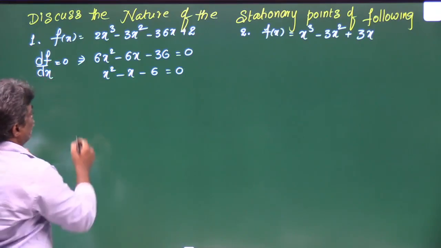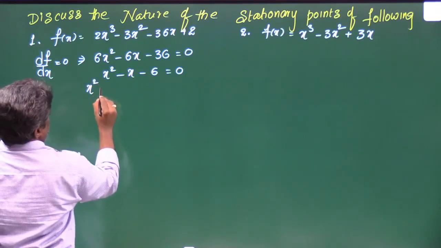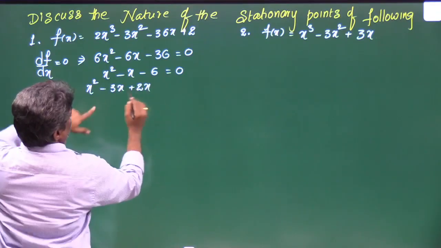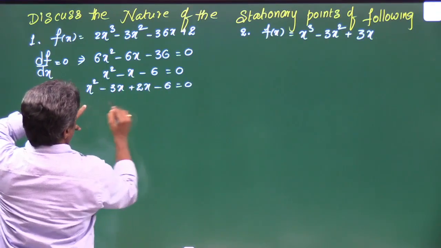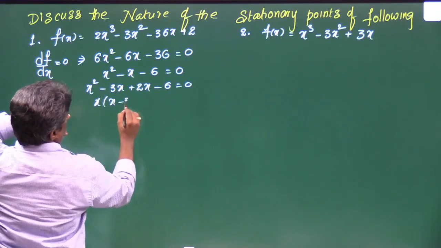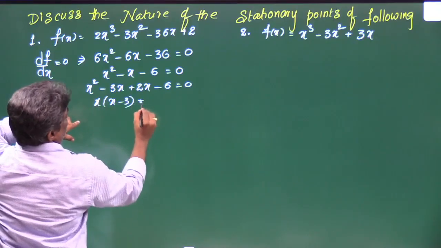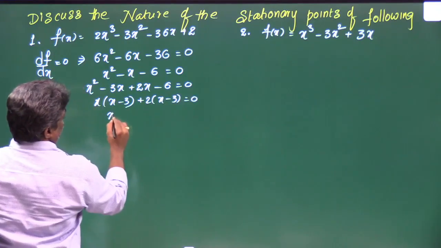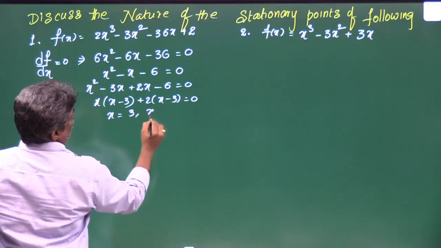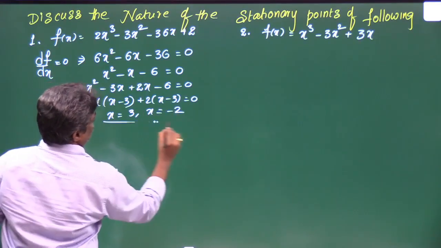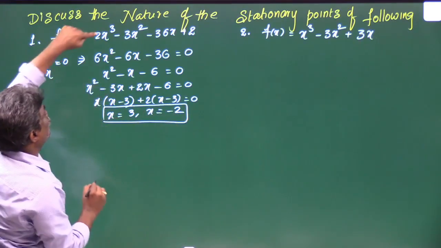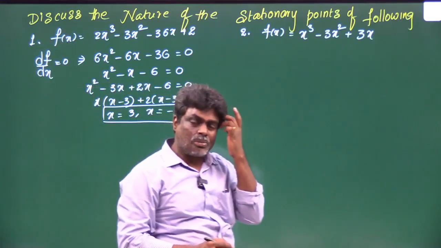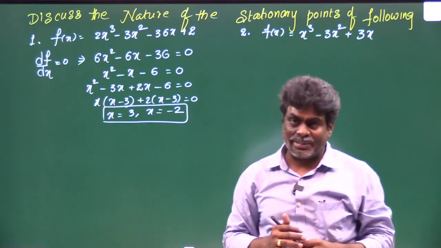So if you find the roots, this will be x² − 3x + 2x − 6 = 0. Taking x common and 2 common, (x − 3)(x + 2) = 0. So here you will get x = 3, x = −2. So the cubic function contains 2 stationary points, x = −2 and x = 3.